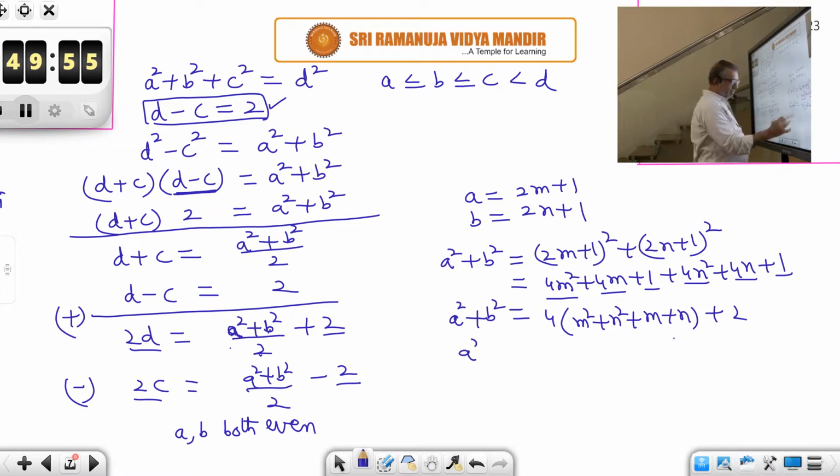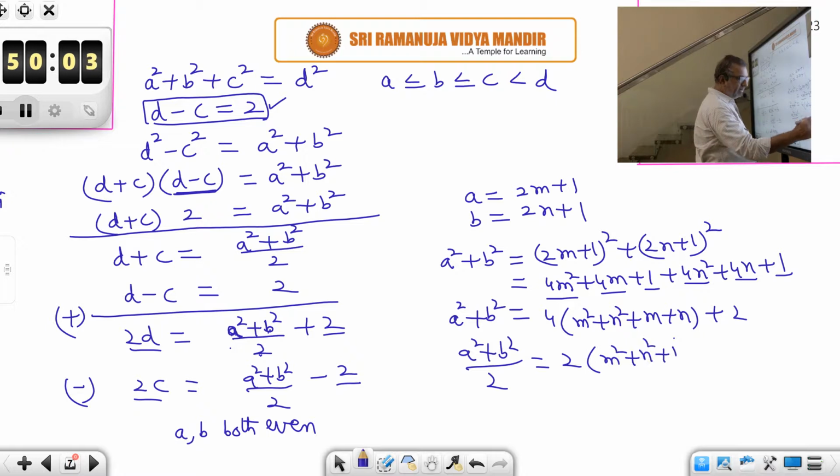So what happens if you divide by 2? In the bracket this will remain the same, and because you are dividing by 2, you get 1. That means 2 into something plus 1, so it is an odd number.